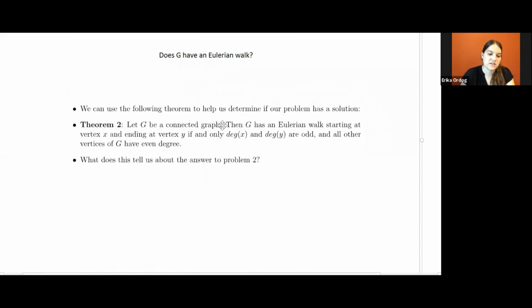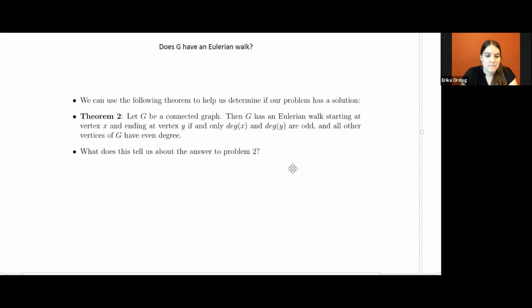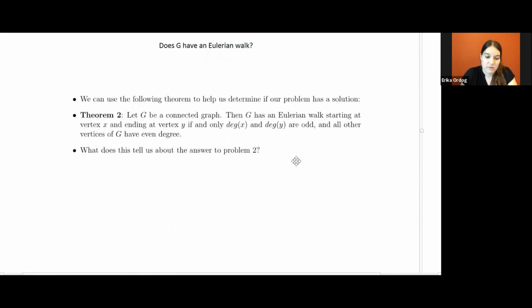We can use this theorem to help us determine if our problem has a solution. If we let G be a connected graph, then G has an Eulerian walk starting at vertex X, just any vertex, and ending at vertex Y, some other vertex, if and only if the degrees of X and Y are odd, and all other vertices of G have even degree.